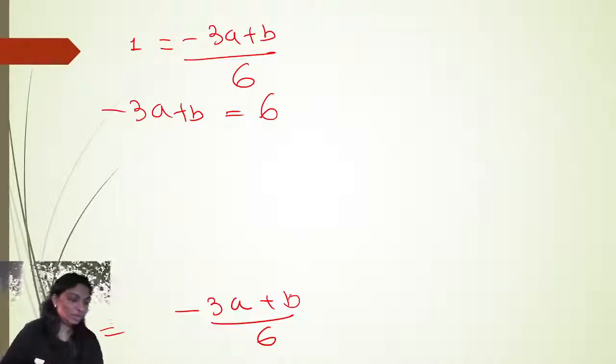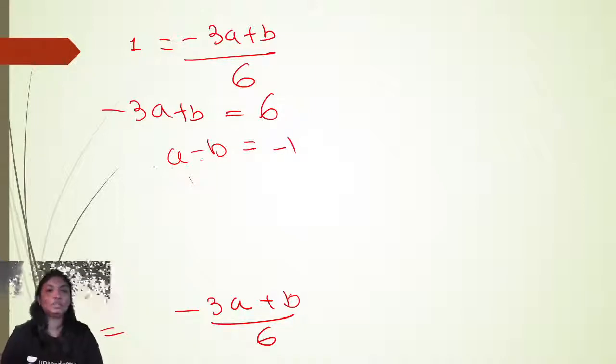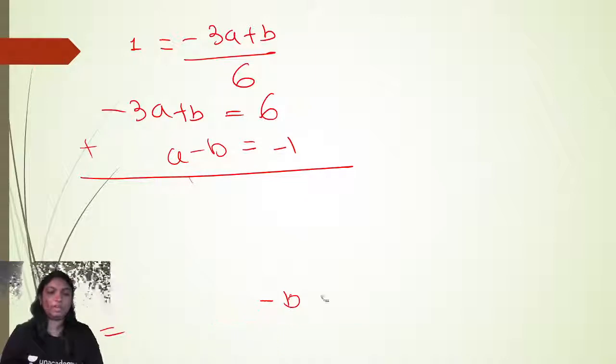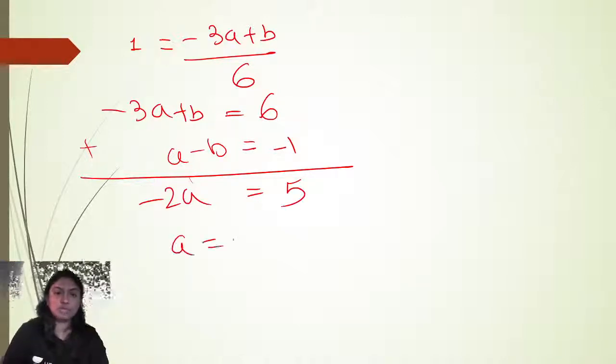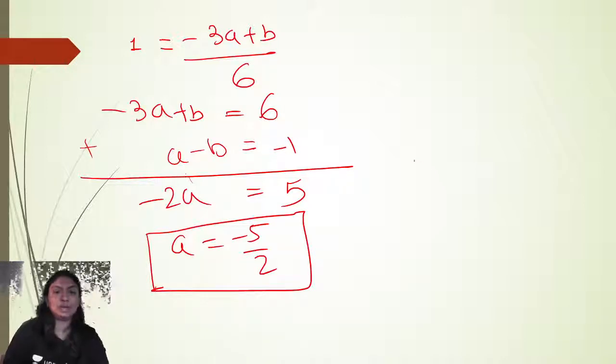Then solving equation 1 and 2. So you will get equation 1, a minus b is equal to minus 1. Solving these two, now if I add these two, you will get minus 2a is equal to 5. So a is equal to minus 5 by 2. Now put a is equal to minus 5 by 2.